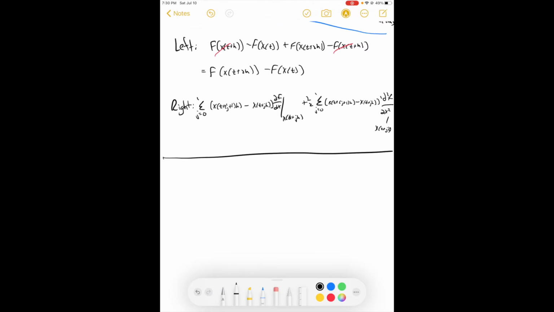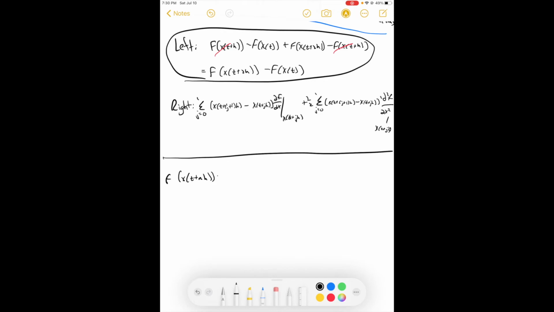So we keep going, and everything's going to kind of cancel out like it did up here, and we'll eventually get f of x of t plus nh minus f of x of t is equal to the sum from j equals 0 to n minus 1 of x of t plus j plus 1 h minus x of t plus jh times that first derivative.